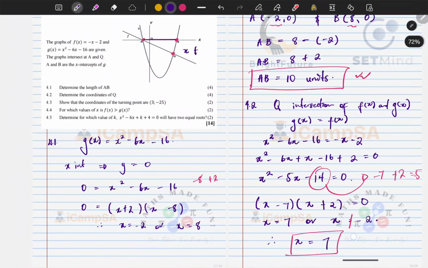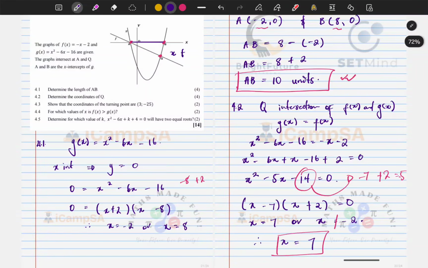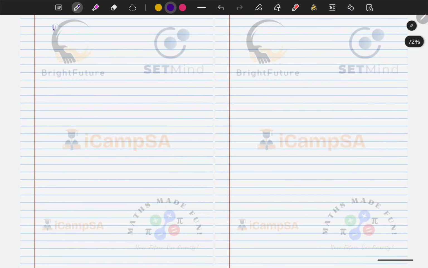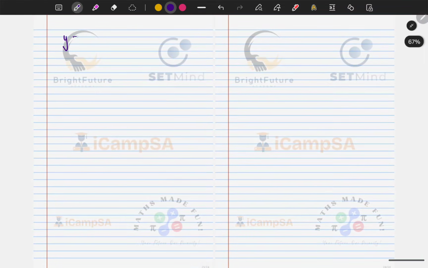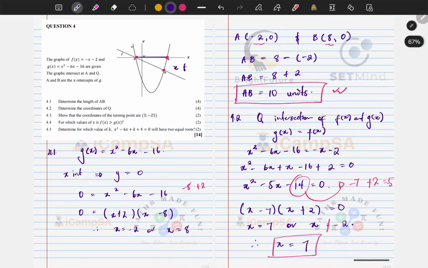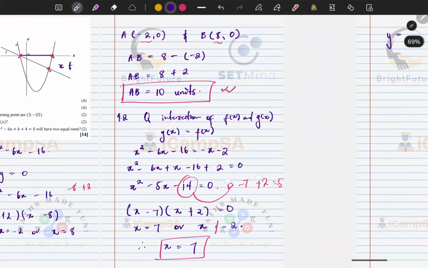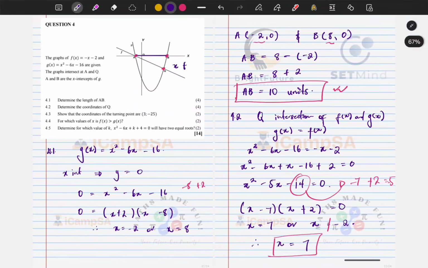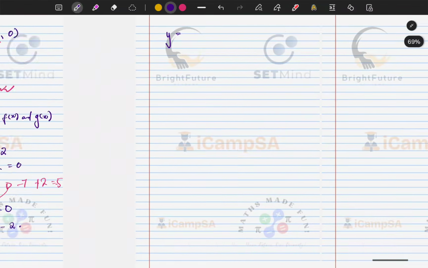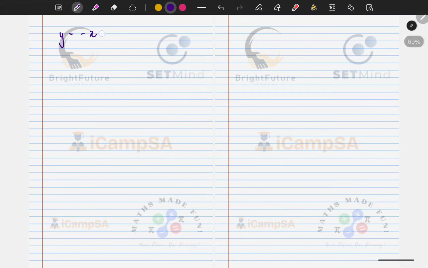So we can substitute x equals 7 into the simplest equation, which is the straight line. So remember we have y equals minus x minus 2, and we already established that x is 7, so y is minus 7 minus 2, which is minus 9.